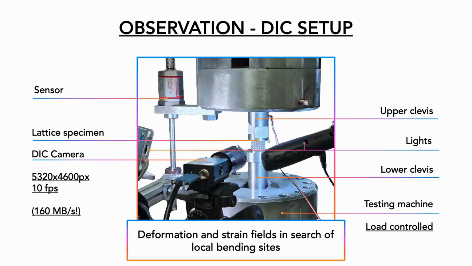We also have our DIC camera that has a very high resolution but low frame rate for bandwidth reasons. And we also have the testing machine, obviously, that is controlled in load, so we can assess better the hysteresis of our specimen.